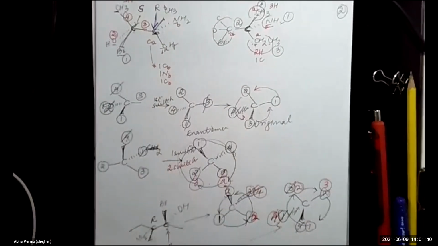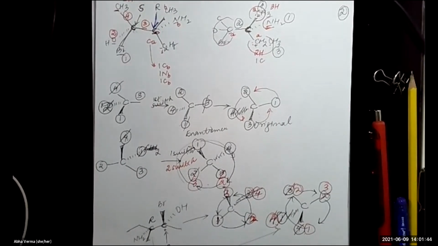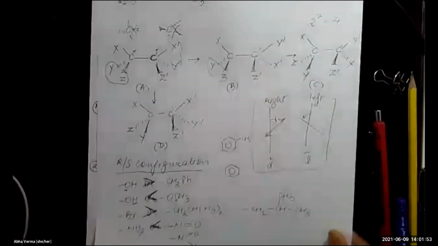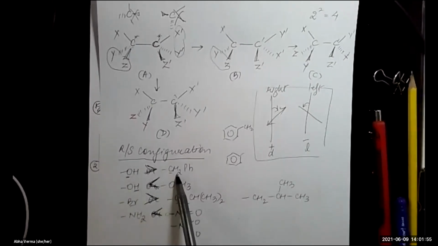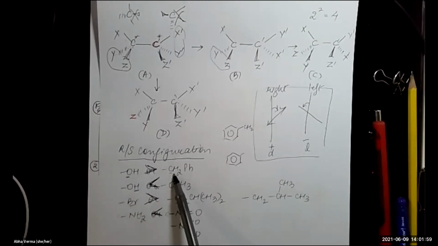So based on that, we also looked at R and S configurations. So knowing your R and S configurations is a very important part of this particular module. First of all, the groups that are associated to that carbon atom or chiral center, you have to look at the atom which is directly attached to that chiral center.